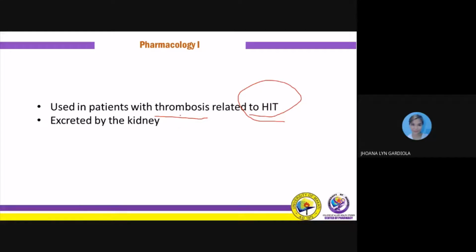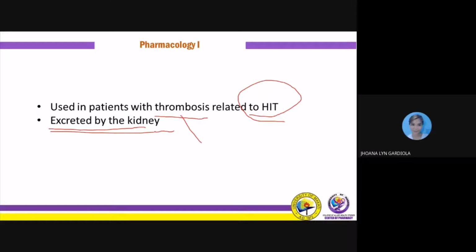And when we say thrombosis, it is a clot inside the blood vessel or forming of blood clot in a blood vessel, wherein this clot can block or obstruct blood flow in the affected area, as well as cause series of complications if the clot moves to a crucial part of the circulatory system such as the brain or the lungs. And lepirudin is excreted by the kidney.